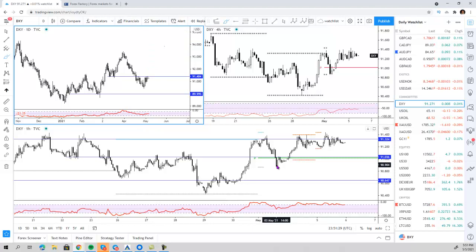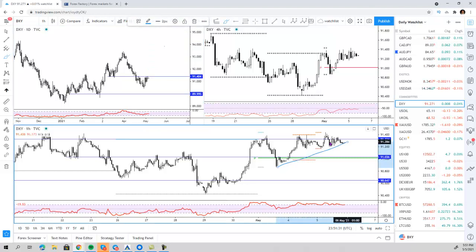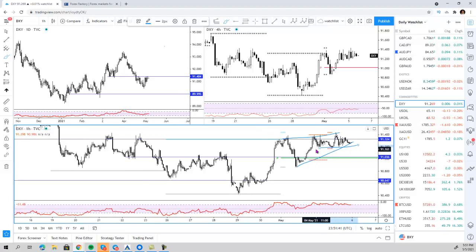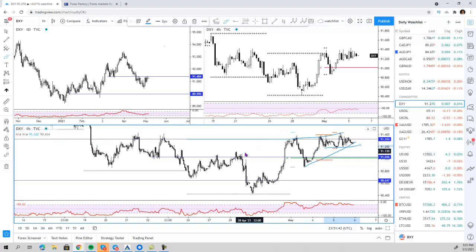And if we look at the hourly, you can see that the DXY is creating a rising pennant, right? And this, my friends, is a reversal pattern right at the top of the bullish move.